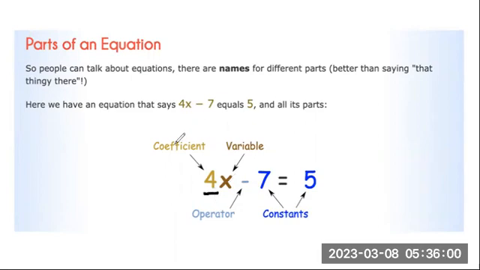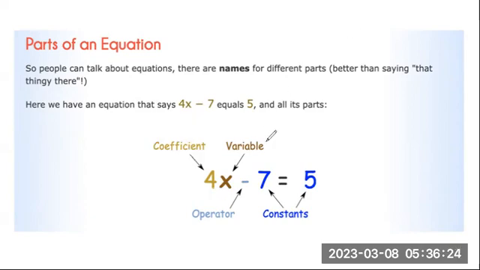The number 4 here is what we call the coefficient. What is the coefficient? It is the number right beside the letter in algebra. For example, in this case, it is the letter X. So any number that comes before a letter is called a coefficient.